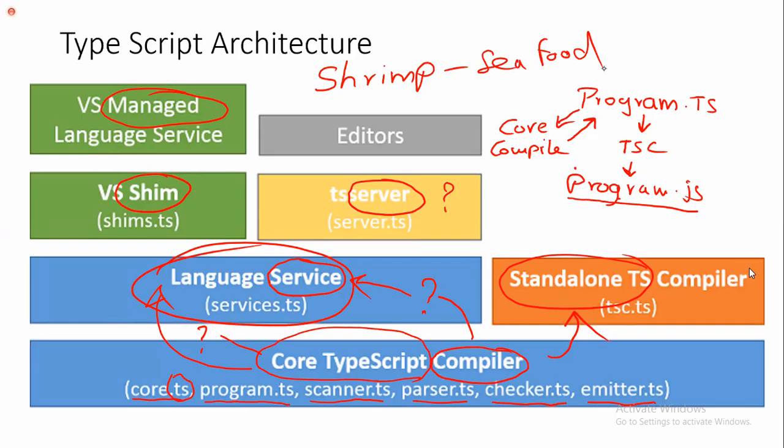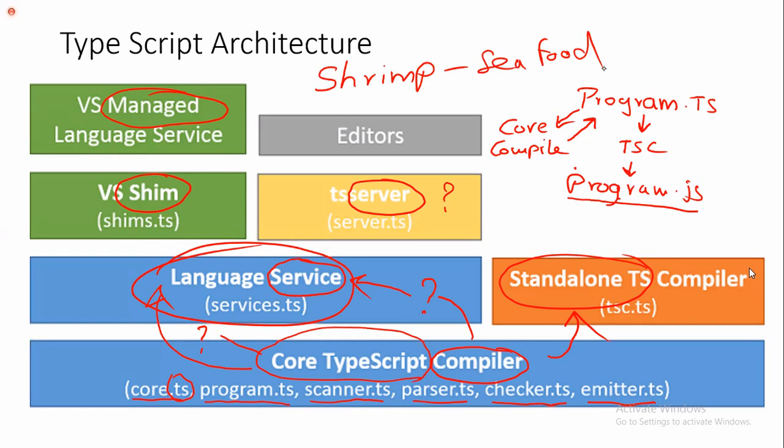Only the point is you never heard about them because you are not into such in-depth programming. Java also has shims. .NET also has shims. Every programming language which says I am cross-platform has a shim concept.